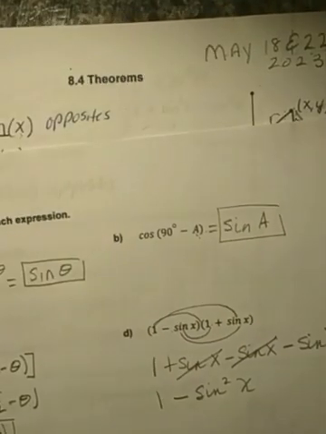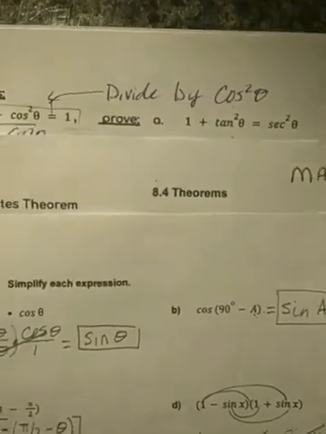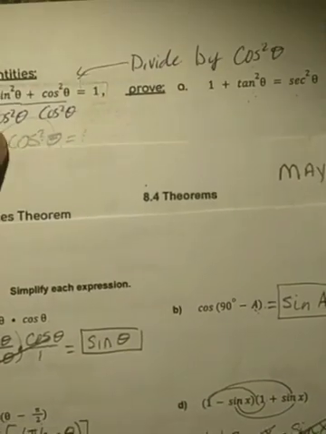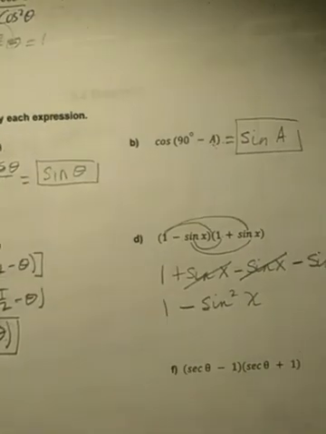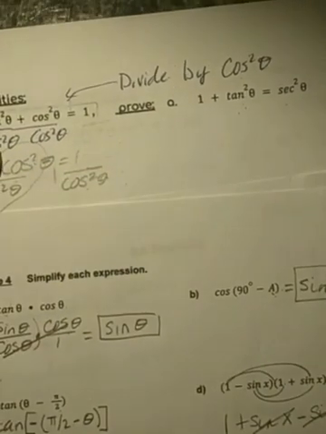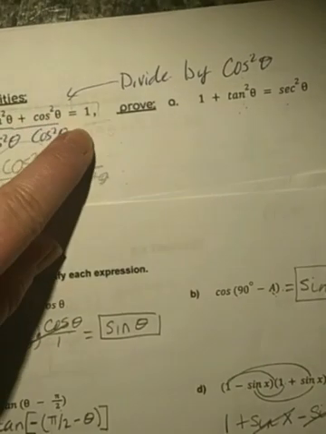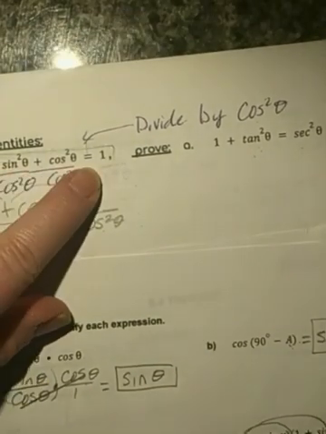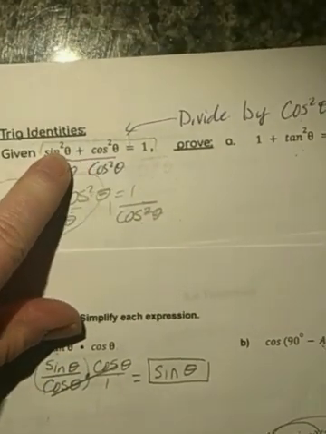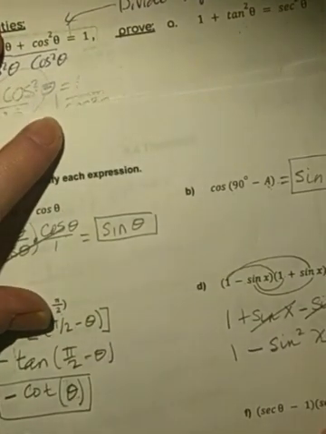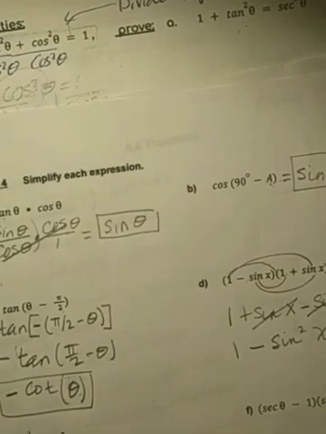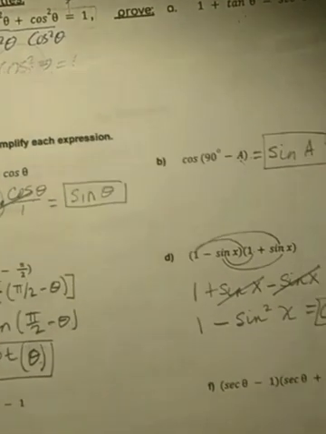So going back to the Pythagorean identity, all I really need to do to get 1 minus sine squared of x is subtract sine squared from both of these, and I'm going to end up with cosine squared of x.